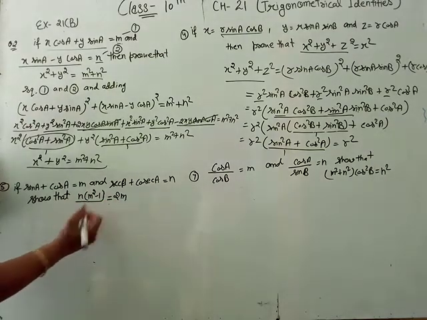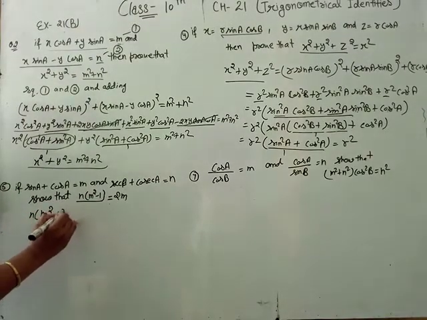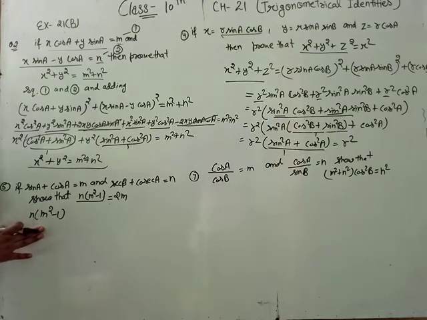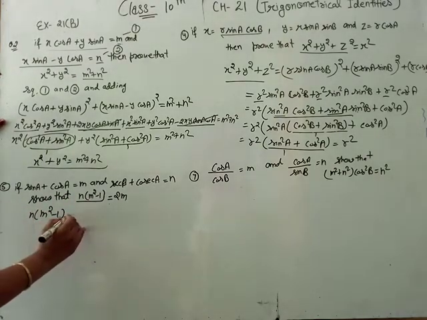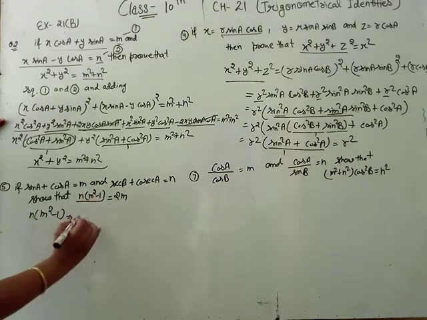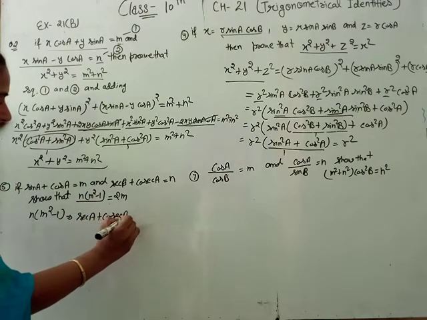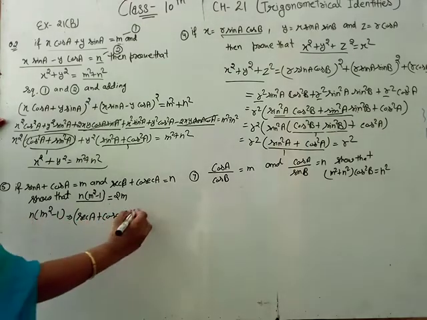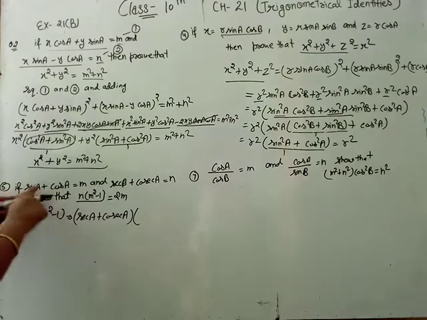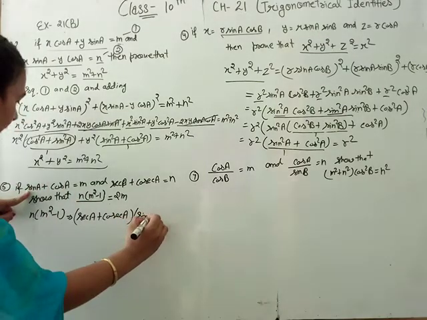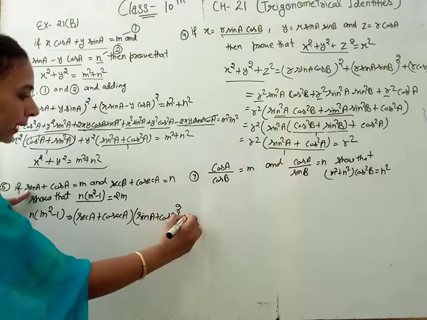First we take n times m square minus 1, and we find its value, which should equal 2m. Put the value of n, secant a plus cosecant a, into the bracket with m square. M square means sin a plus cos a whole square, minus 1.